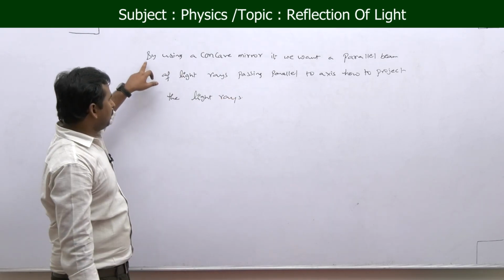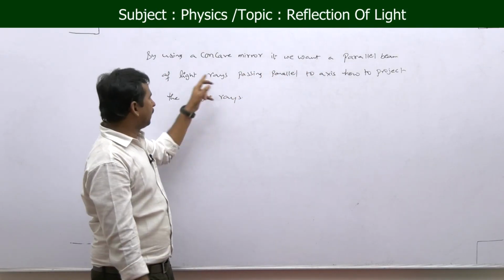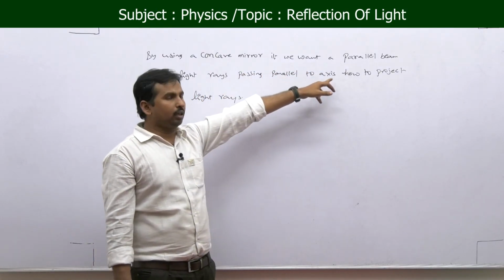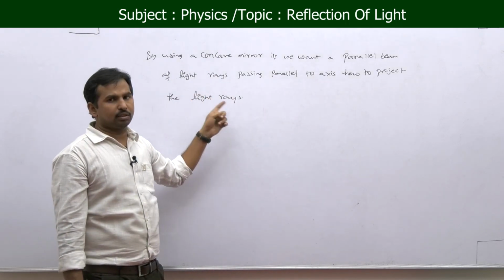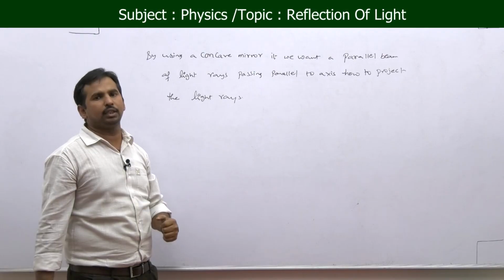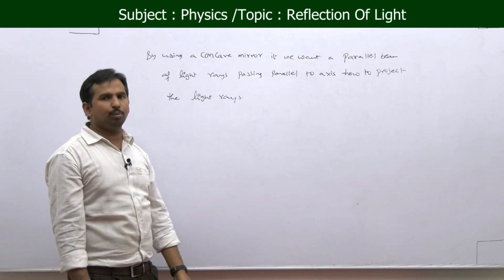So the question is, by using a concave mirror, if we want a parallel beam of light rays passing parallel to the principal axis, then how to make the light rays incident on that concave mirror? Actually here we need a parallel beam of light rays.